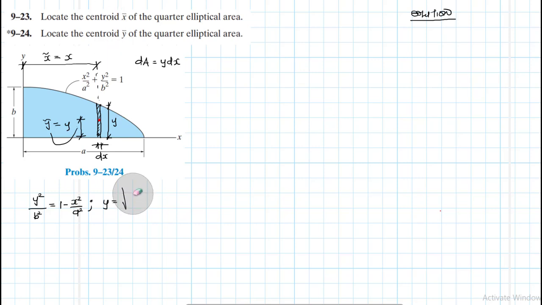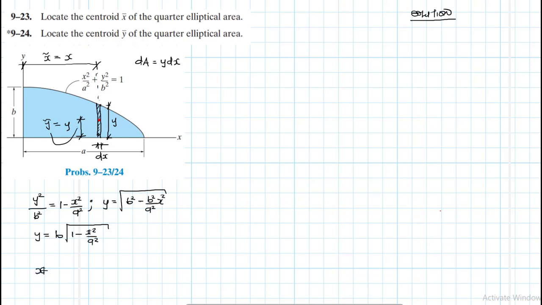It could be positive or negative, but of course we are just focusing on the positive part. This becomes b squared minus b squared divided by a squared times x squared. Factoring out the b squared, y becomes equal to b outside, then the square root of 1 minus x squared divided by a squared.